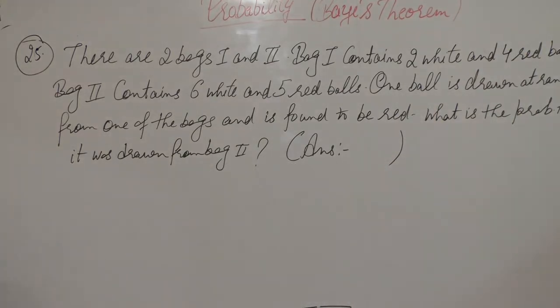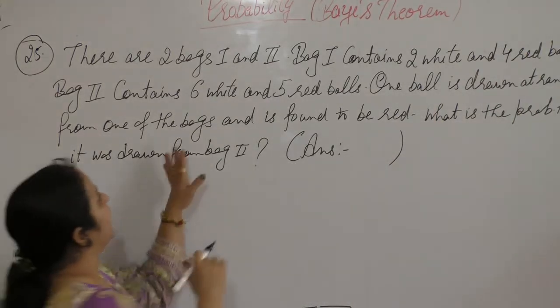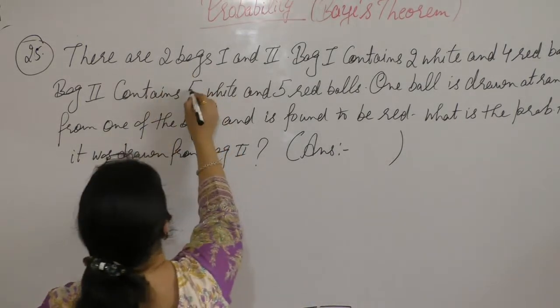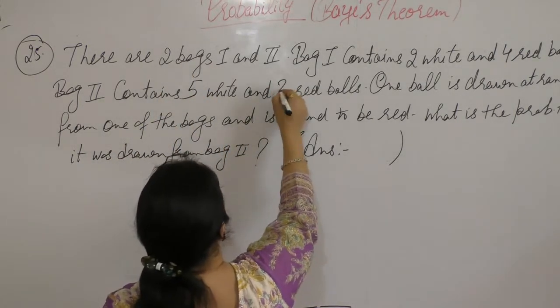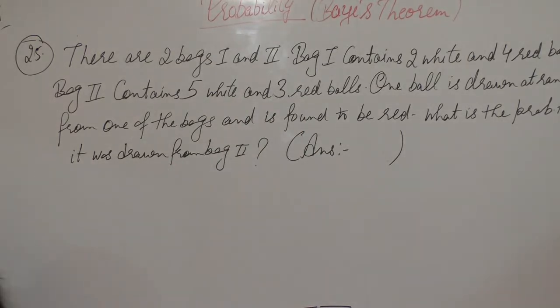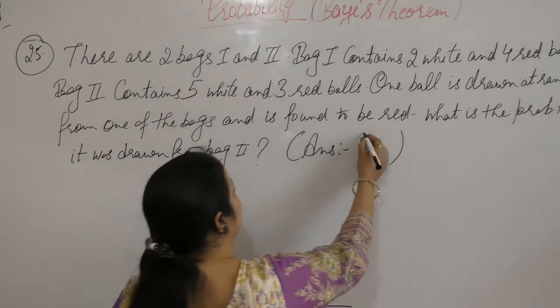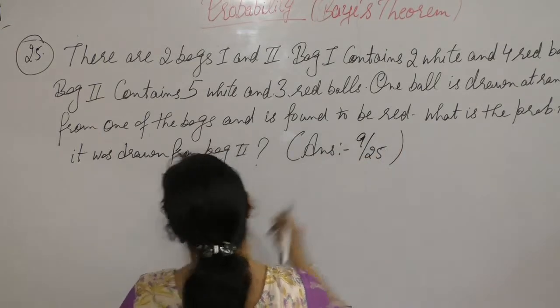Bag 2 contains 5 white and 3 red balls. One ball is drawn at random from one of the bags and is found to be red. What is the probability that it was selected from bag 2? Its answer is 9/25. Note down this statement.